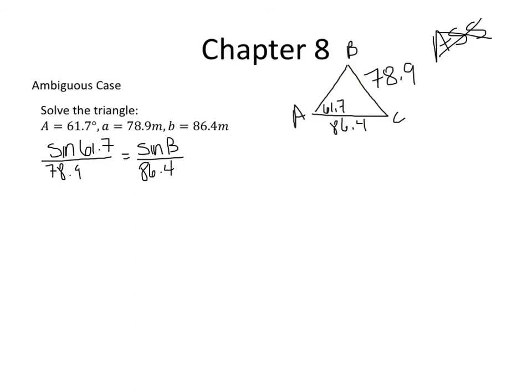And with this, I simply cross multiply. 86.4 times the sine of 61.7 divided by 78.9. And I get, for angle B, and I call it B sub 1 because I know it's ambiguous case now, 74.617.